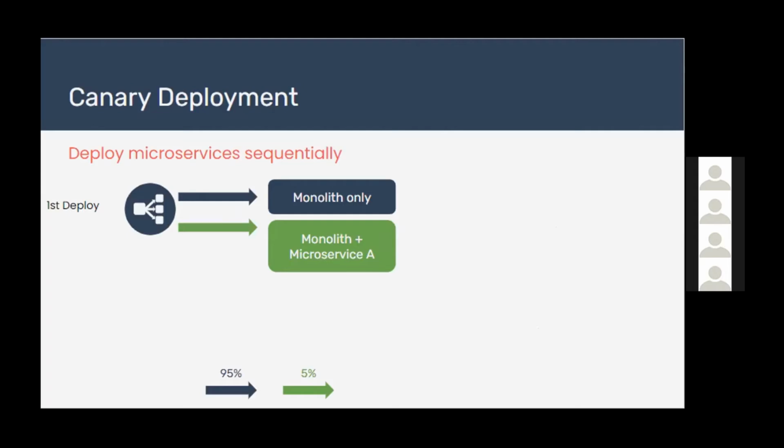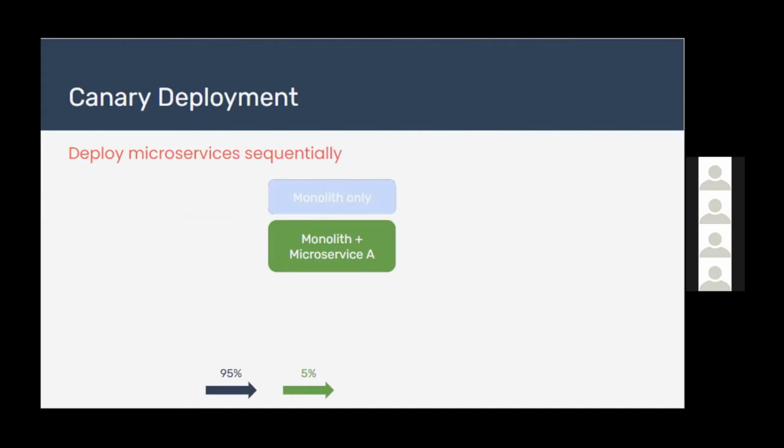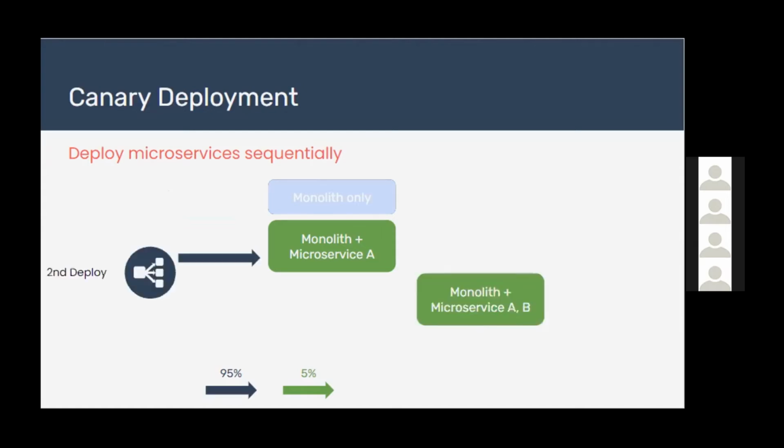As time passes, the engineering team gains confidence in the Canary deployment, and now monolith and microservice A will be the new original deployment for the application. Now they'll repeat this process sequentially to extract out microservice B and also microservice C.